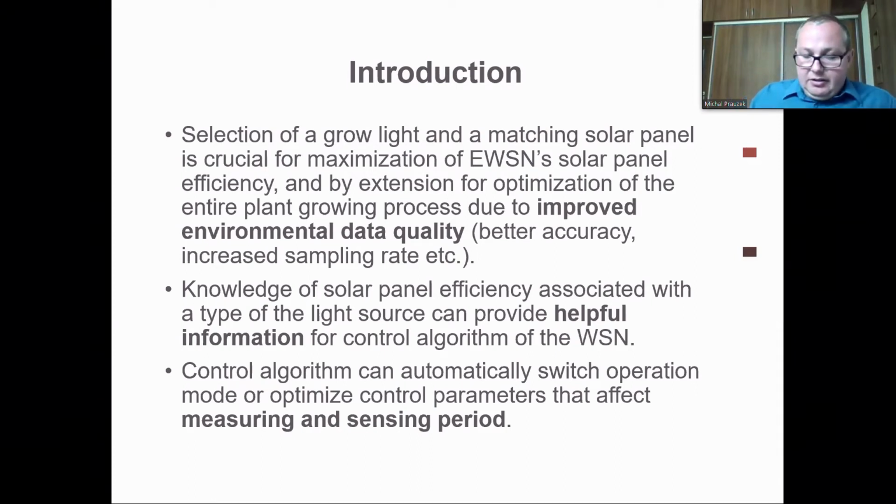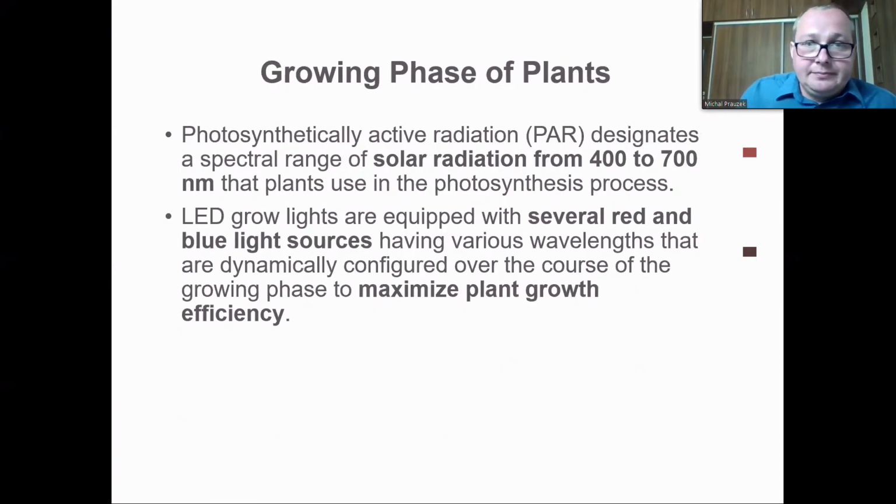In this work, we are focusing only on the parameters of the solar panel. So it means we want to know what is the efficiency of the solar panel during the different illumination by the different wavelengths, the blue, red, and white light. So in general, we have different phases of the growing of the plants.